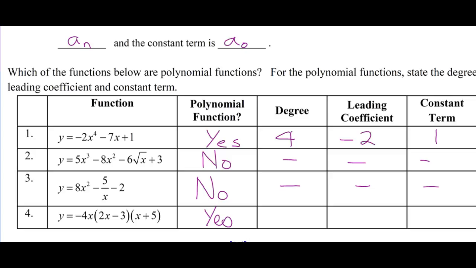Okay, what's the degree of this guy? It's of degree 3. The leading term is, and the constant term is.